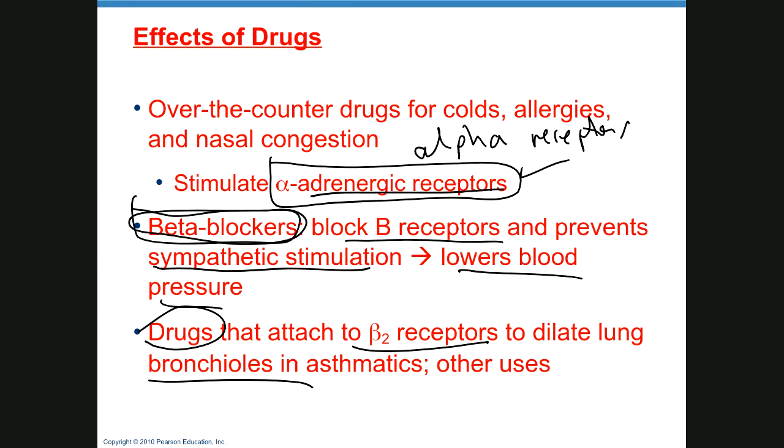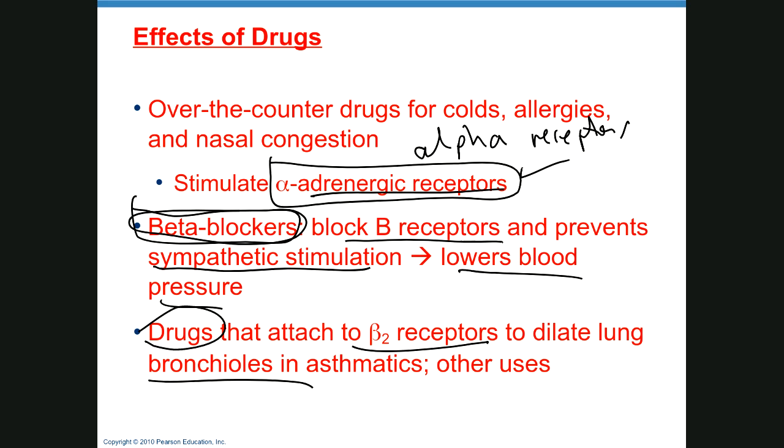Constriction of bronchioles, the constriction of the respiratory tubes, is a parasympathetic response. So an asthma attack is an exaggerated parasympathetic response. In order to block that, we need to use sympathetic drugs because the sympathetic response is to dilate the respiratory ducts.